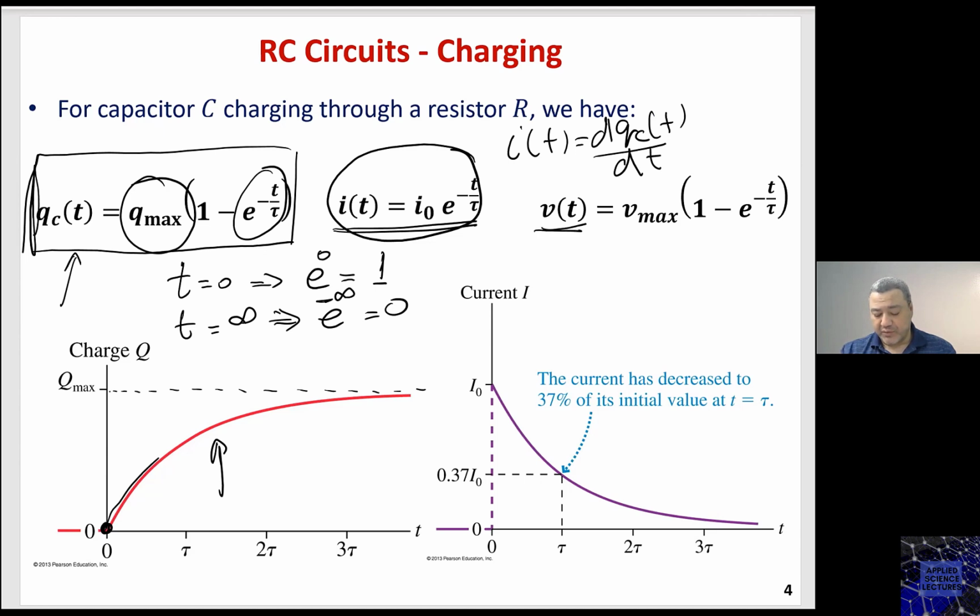And the voltage V(t) is the same function as the charge, however with different limits. Why? Because V(t) equals qc(t) divided by C. So the ratio here is C, which is going to result in the same shape. However, here it will be Vmax instead of Qmax.